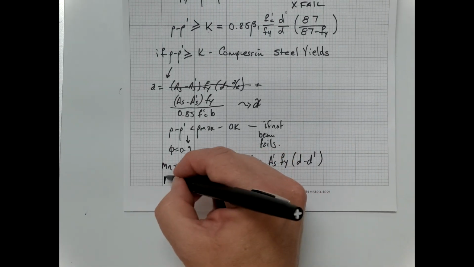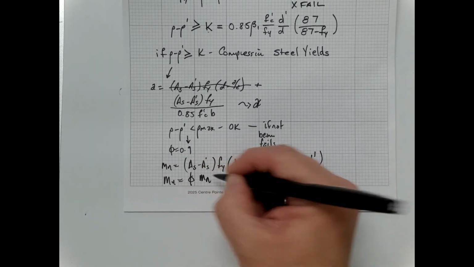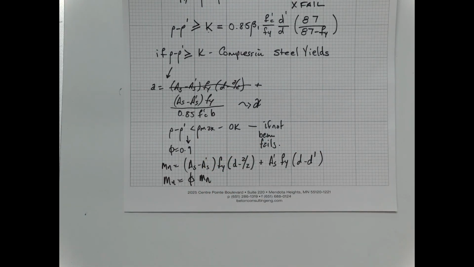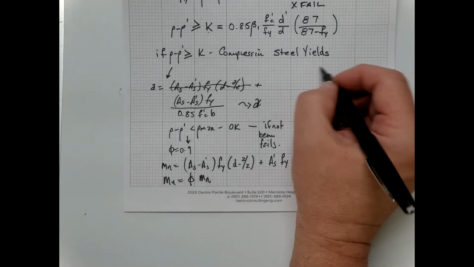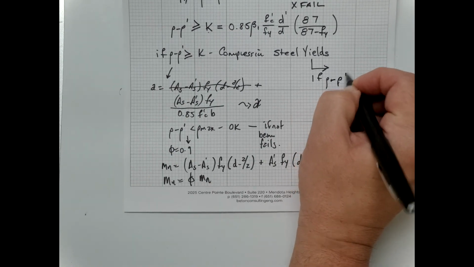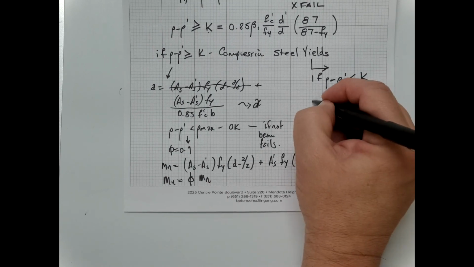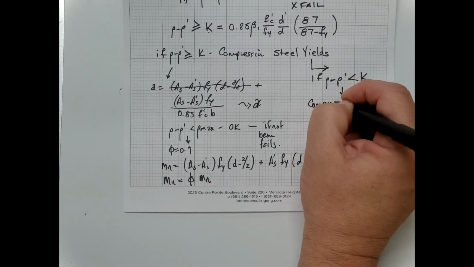And as usual, design moment is our reduction factor multiplied by our computed moment capacity, or nominal moment capacity. If, on the other hand, rho minus rho prime is less than K, then the compression steel does not yield.